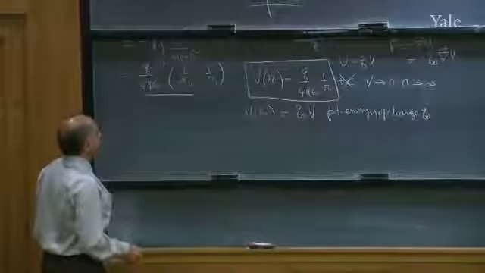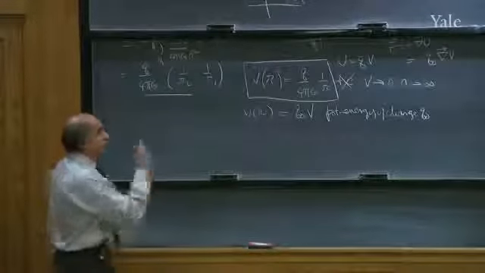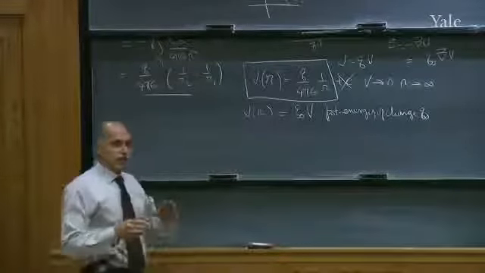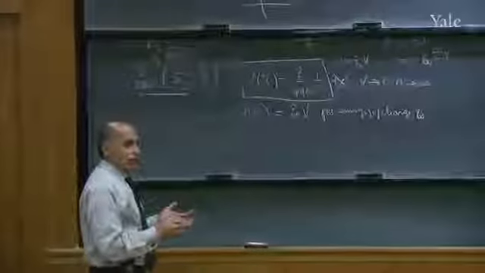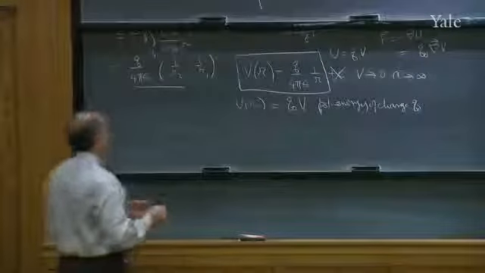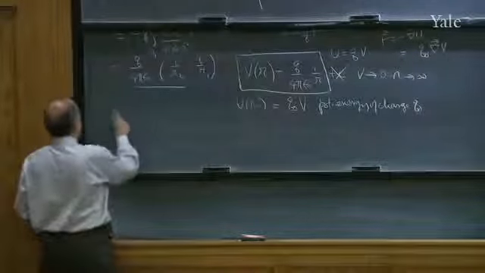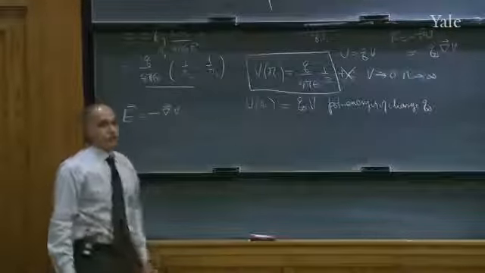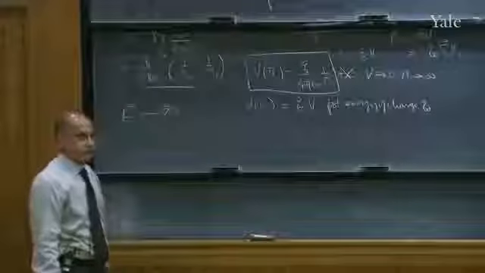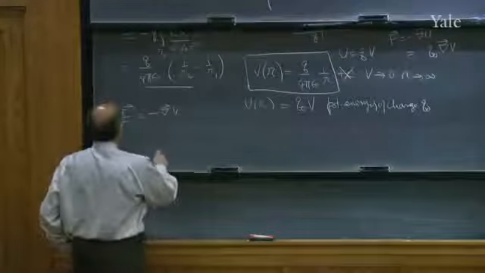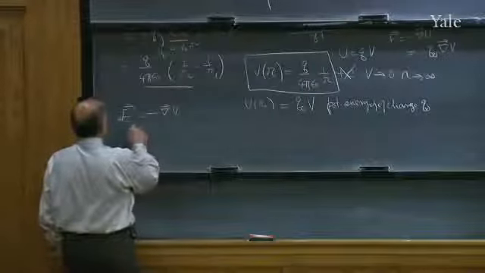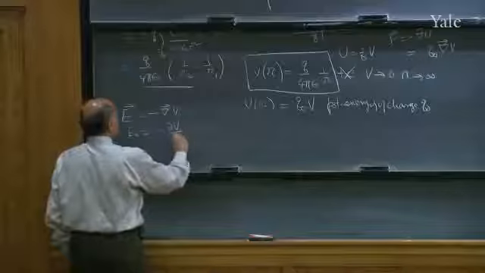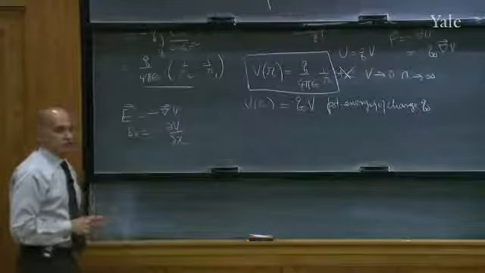Now let's also verify that this V of R does produce the electric field. In other words, I got the V by integrating the electric field. I want to go back just to get you familiar with getting the electric field from the potential. Let's try to do that. So Ex, let me just do Ex. It's minus dV dx, right?